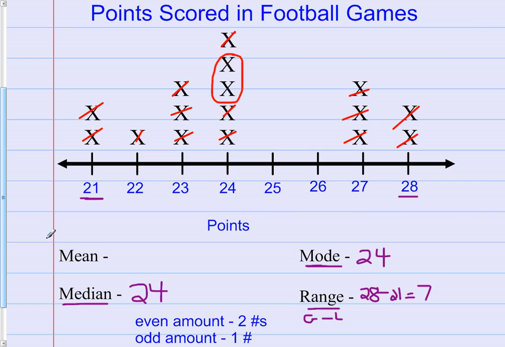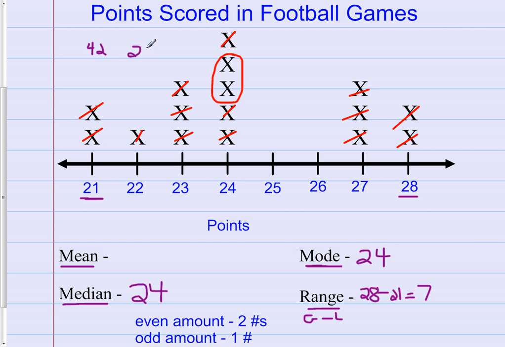Alright, so now my last thing I need to do is find the mean for my line plot. Now, just like any other measures of central tendency, when I calculate the mean for any set of data, I want to add it all up, and then divide by the amount of data I have. So I add these up. Now what I like to do is keep track of it along the way. So two 21s, that's 42.